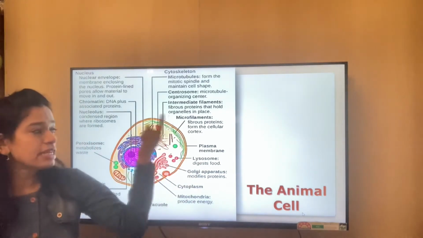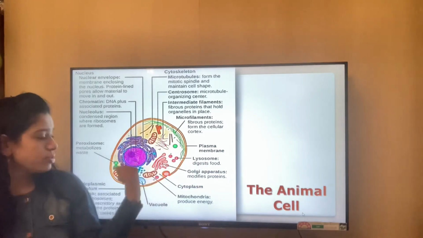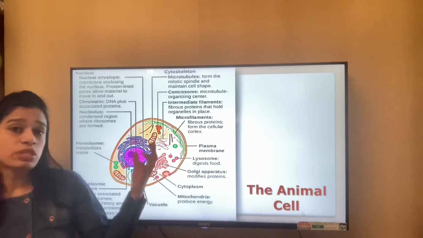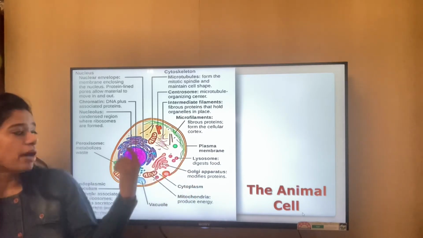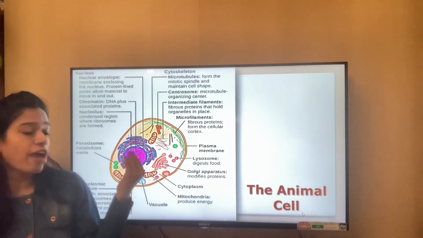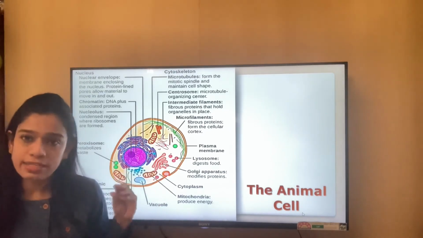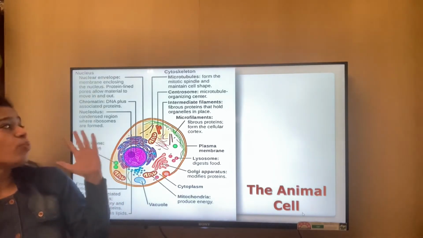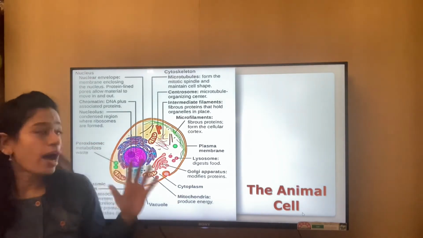Okay, so this is the cell membrane, or the plasma membrane, which is selectively permeable. Coming to the inside, this is the nucleus of the cell, having a core known as the nucleolus. This nucleolus is where the ribosomes are formed.